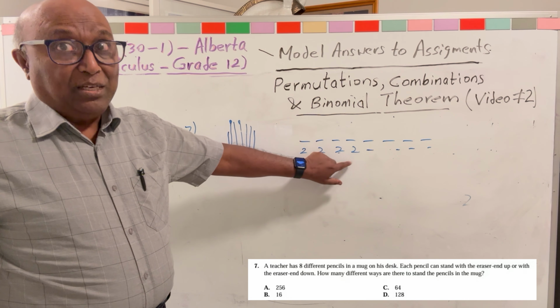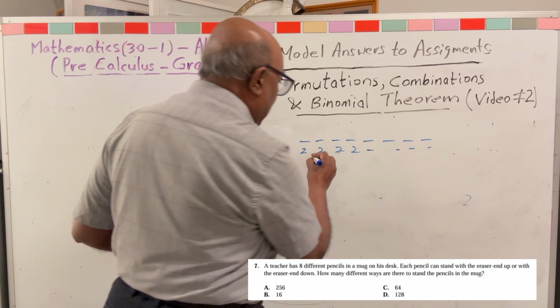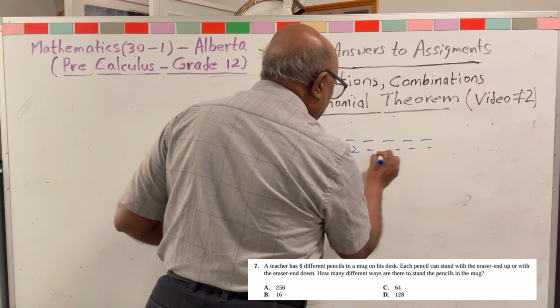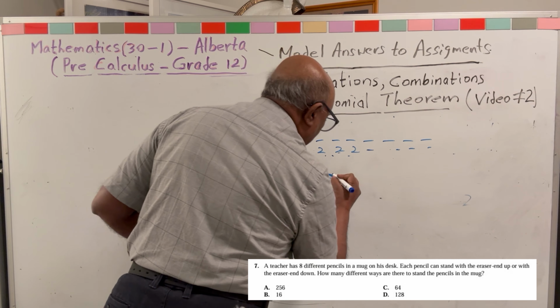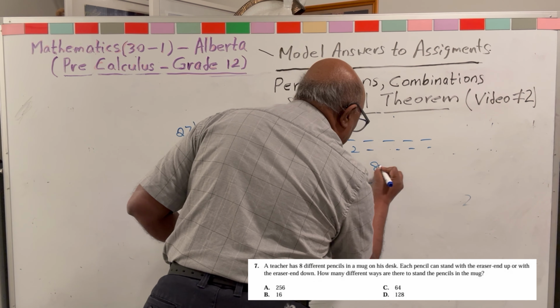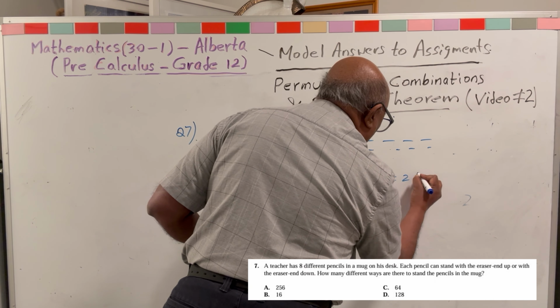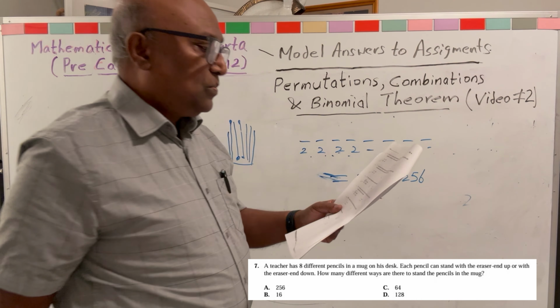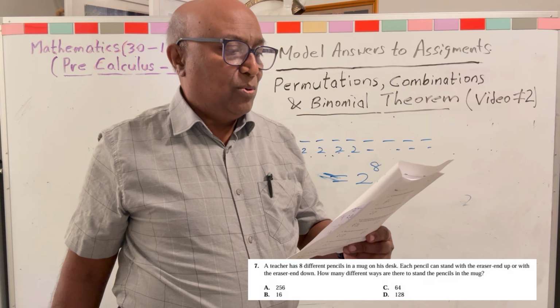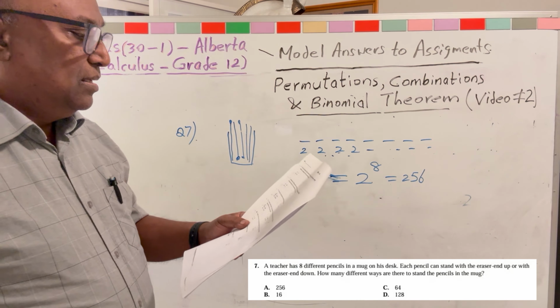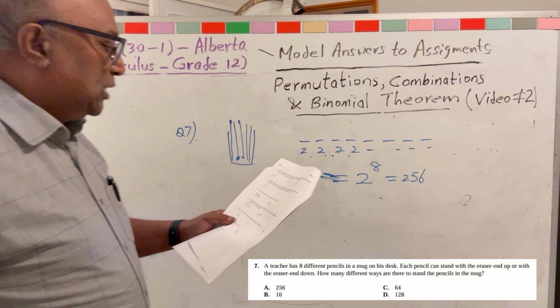The answer is 2 multiplied 8 times. The answer is 2 to the power of 8. That is 256. Okay, so the answer is A.